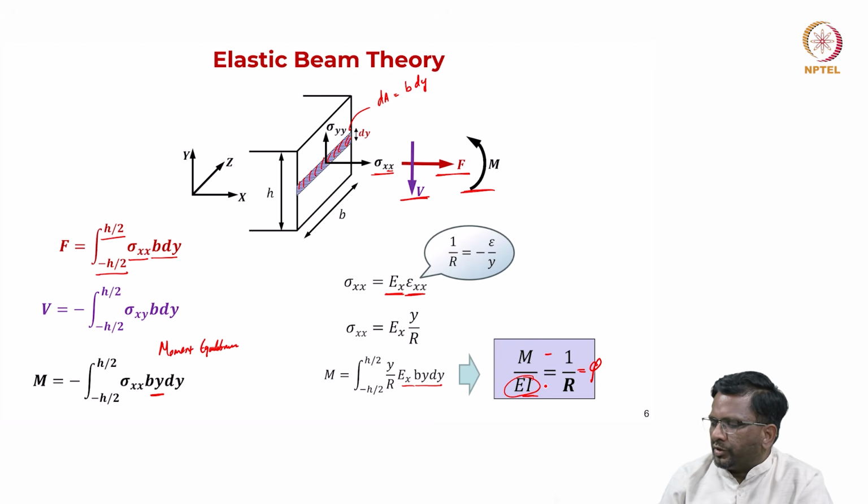So, we can use this to calculate the curvature, but I have to modify the E and modify the I, or I have to use the nonlinear constitutive equations to calculate my stresses. Okay, that we will see in the coming modules, how we do that.